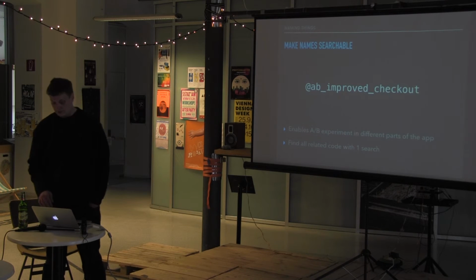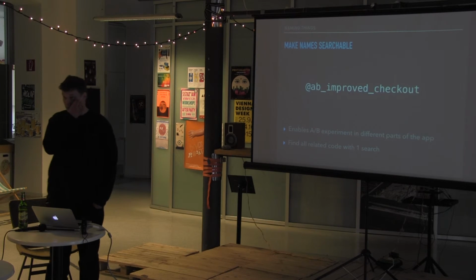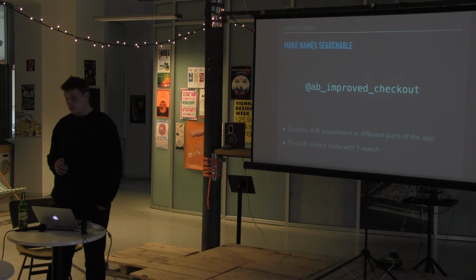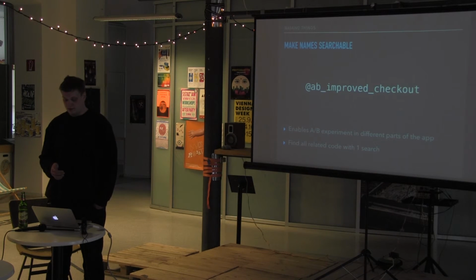One example is if you're running an A/B test and it's used all over the place, you can name your variable so that you can definitely find only this variable everywhere you're using it. So you can just search for A/B improved checkout and find all the places in the code where it's used.